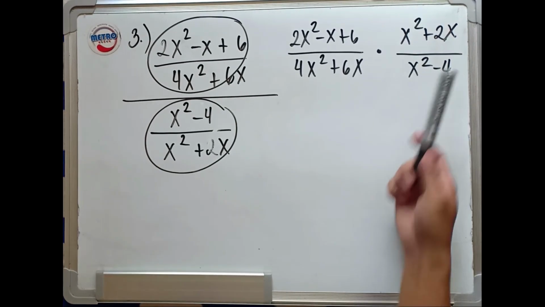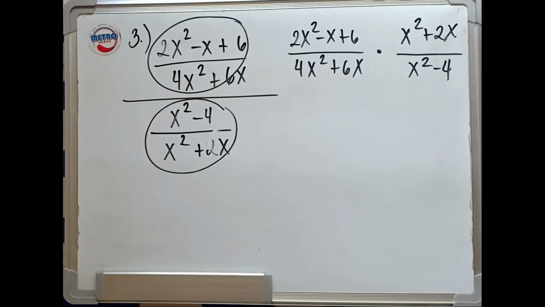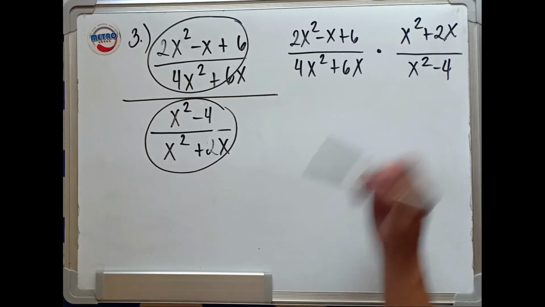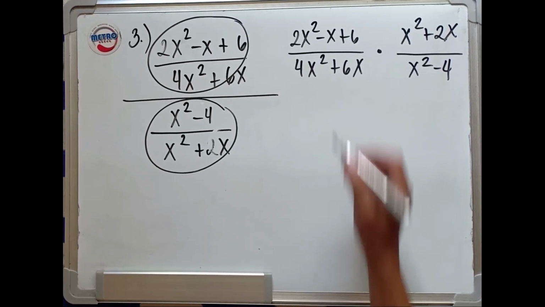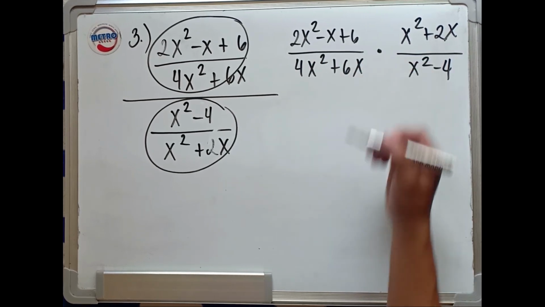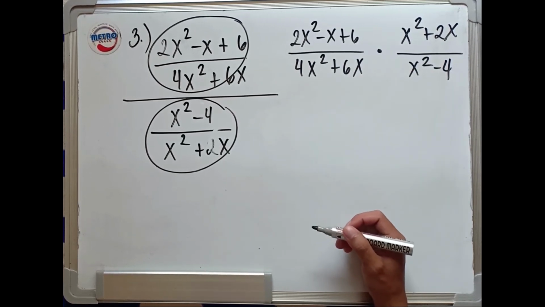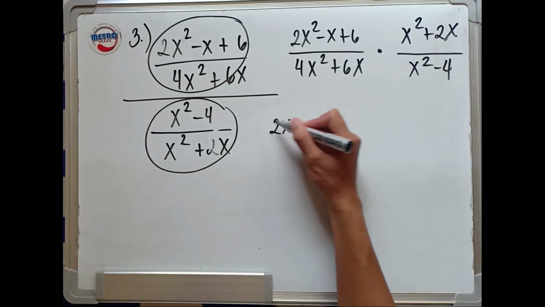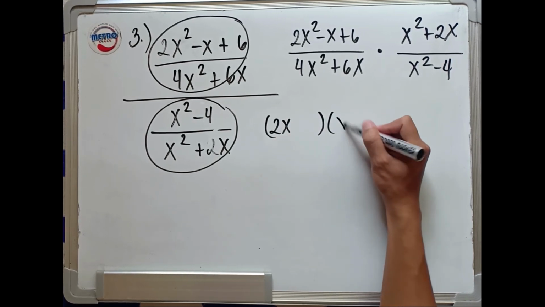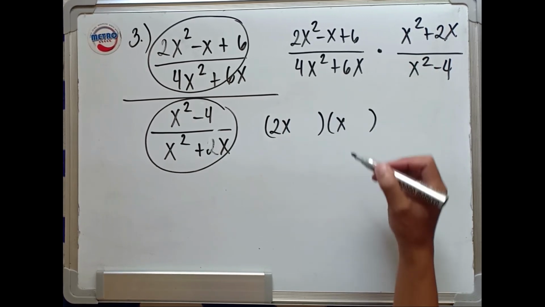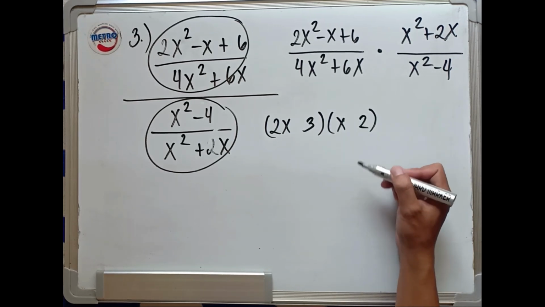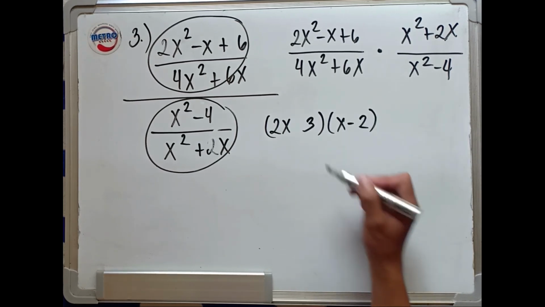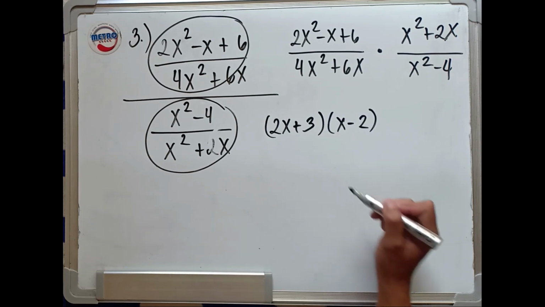So before we multiply these fractions, we're going to get some of the factors of this given to simplify. So for 2x squared minus x plus 6, that could have factors of 2x times x, and for 6, this will be 3 times 2. We're going to give the negative sign here, and this one will be positive.